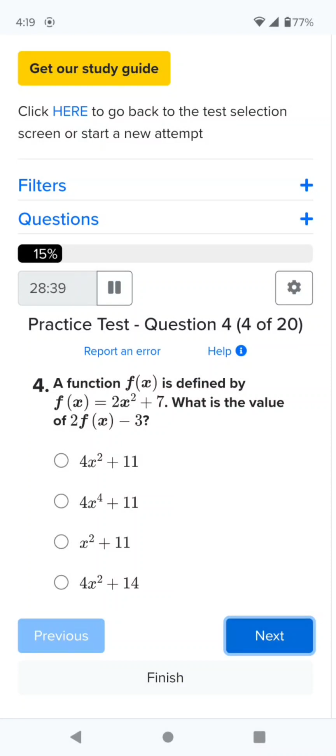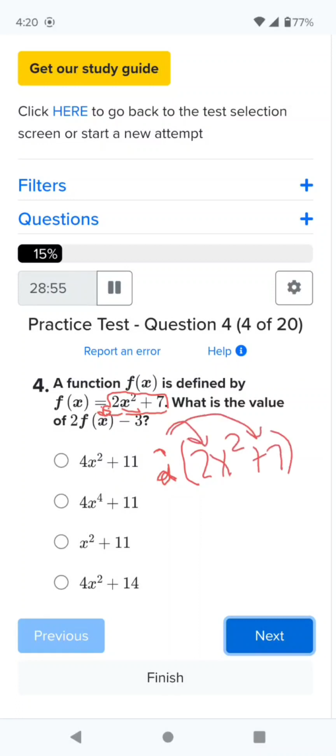So this right here is going to represent f of x. So I'm doubling it. So I'll have 2 times 2x squared plus 7. And then I'm going to multiply each term. So that'll be 4x squared plus 14.